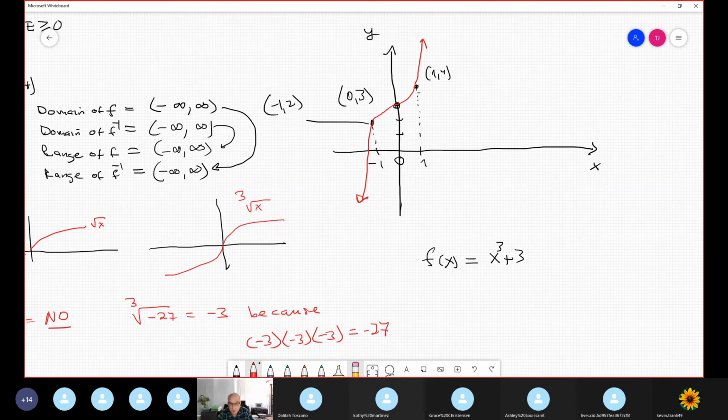Okay, now suppose I want to do the graph of the inverse. The inverse was cubic root of x minus 3, no? Let me see the verification. Yes, that's the inverse function. We can do it using this basic function and applying transformations. But no. Let's do it in one fantastic way.